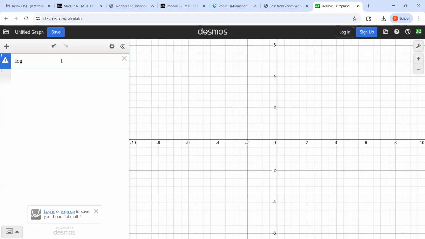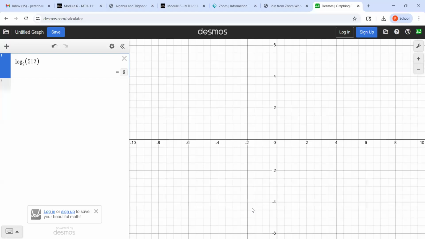In Desmos, you type in log, and then you use the underscore key, which is the shift hyphen next to the 0, and that moves you down, and now I can do log base 2. I use the over arrow, and I put in the argument, and there it is. The power that goes on 2 to get you 512 is 9.